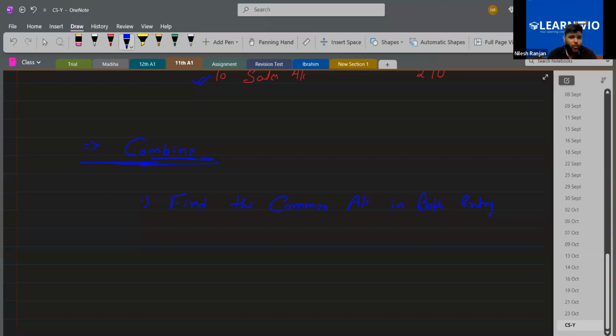If there is any common account, you have to see whether it is on the opposite side or on the same side. So add the amount of the common account if it is on the same side.